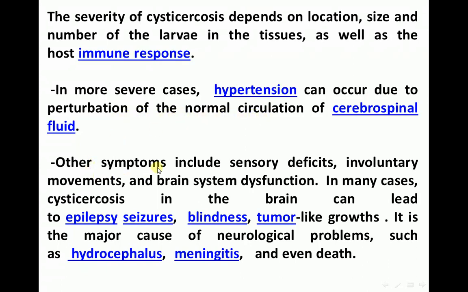Other symptoms include sensory deficits, involuntary movements, and brain system dysfunction. In many cases, cysticercosis in the brain can lead to epileptic seizures, blindness, tumor-like growth. It is the major cause of neurological problems such as hydrocephalus, meningitis, and even death.